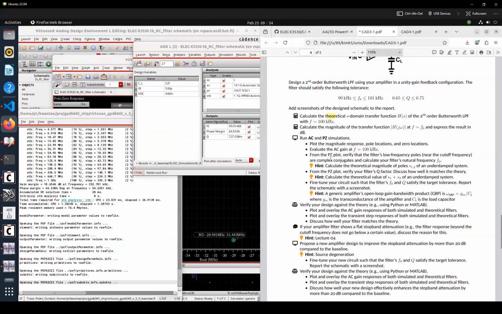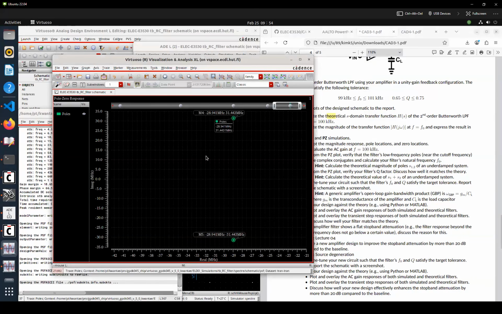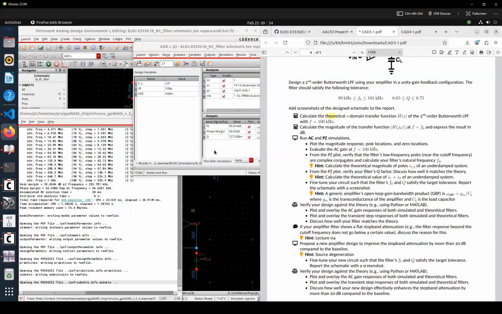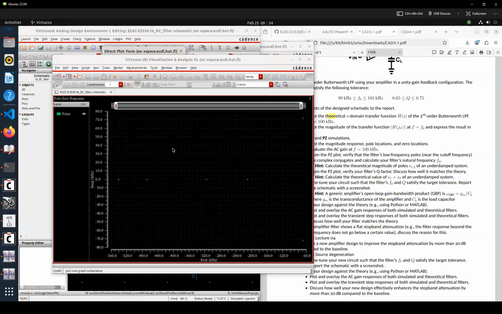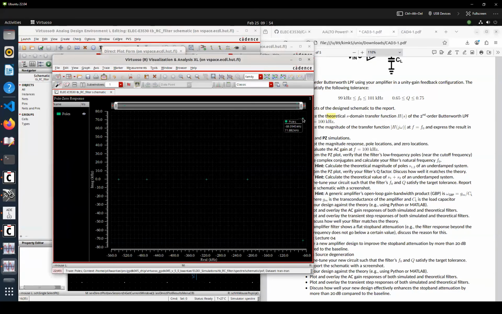So from the PZ plot, verify the filter's low frequency poles here, near cutoff frequency. So let me plot poles. Now you can find out that its complex conjugates are here. And those are low frequencies, and it is still lower than other frequencies.